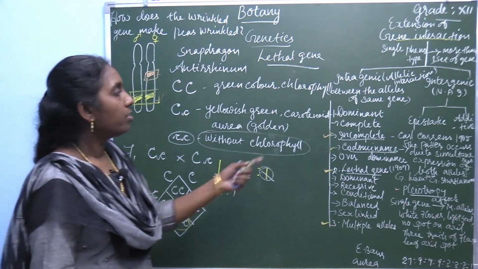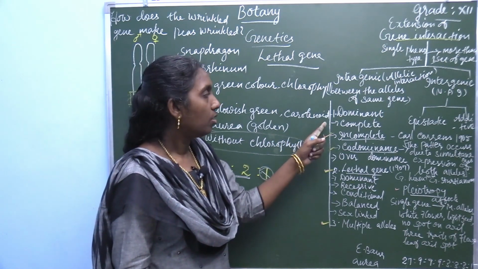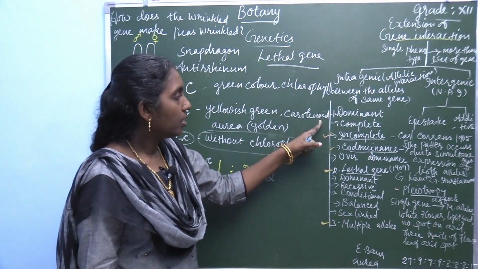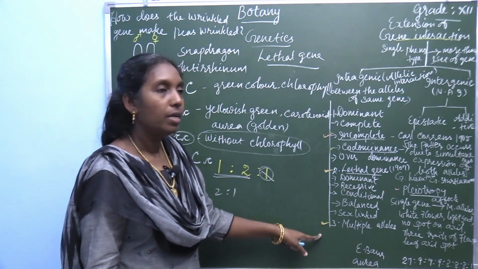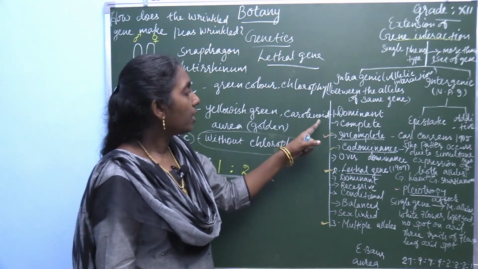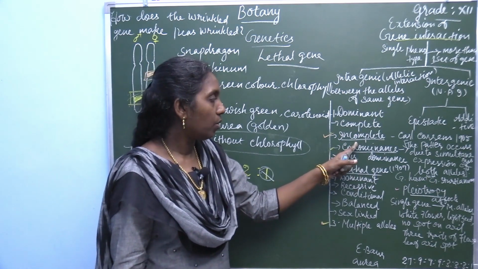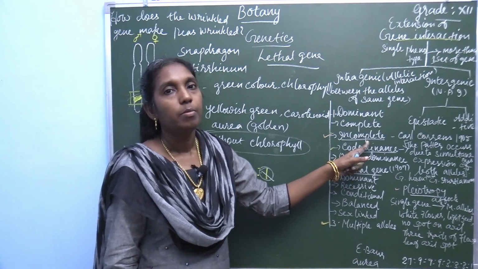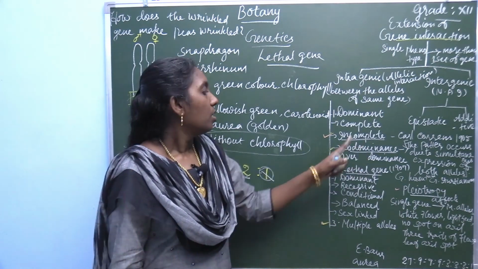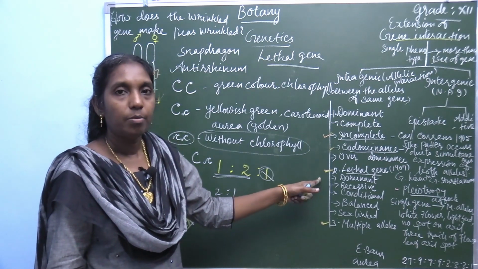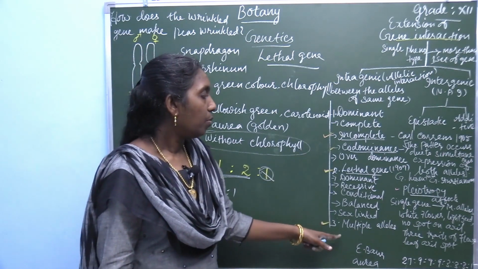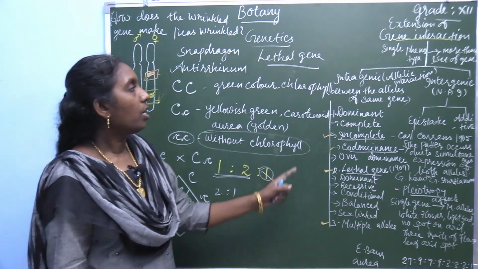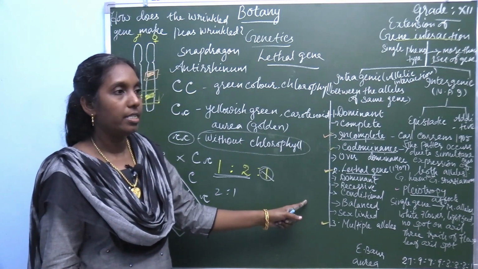So, it is classified into dominant allele, lethal gene, multiple alleles. Dominance is again classified into complete dominance, incomplete dominance, codominance, and overdominance. What is the example of incomplete dominance? Mirabilis jalapa. Then lethal gene, the example is snapdragon, and multiple alleles, the example is pleiotropy. So today we are going to learn all these gene interactions.